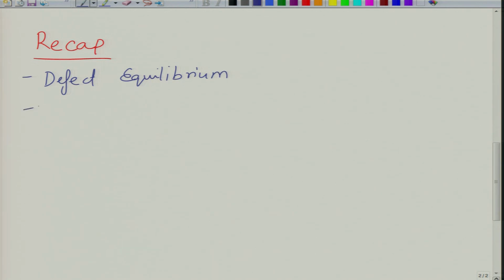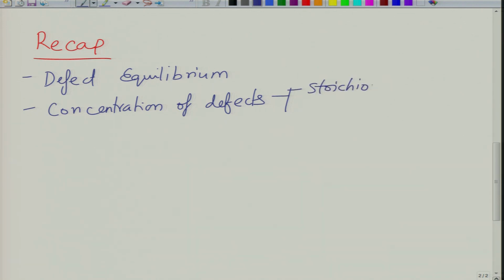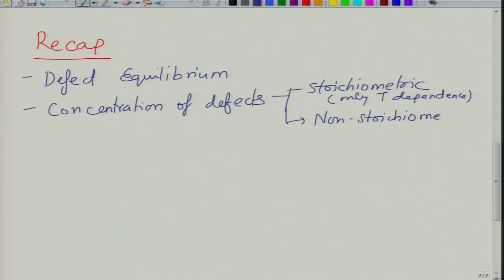Basically, we estimated the concentration of defects for stoichiometric cases, in which there is only temperature dependence for all the concentrations, and then we looked at the non-stoichiometric cases, where you have temperature as well as partial pressure of oxygen dependence.